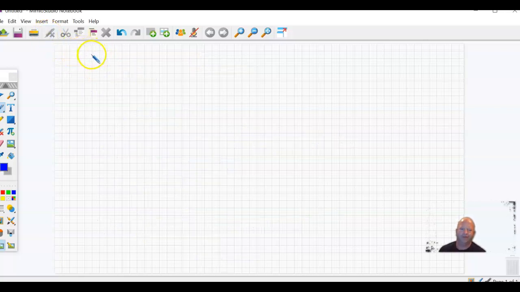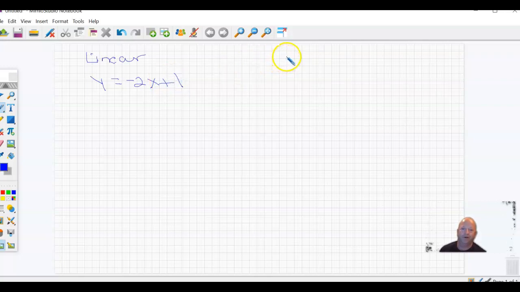So just to start off, let's look at a linear equation. Let's look at y equals negative 2x plus 1.